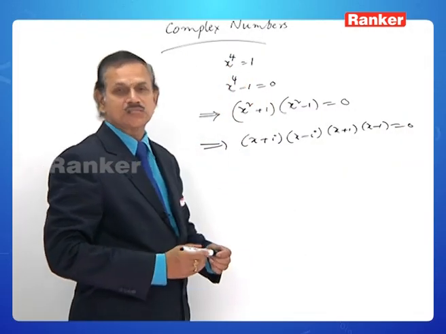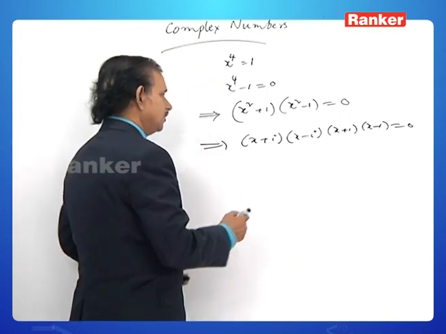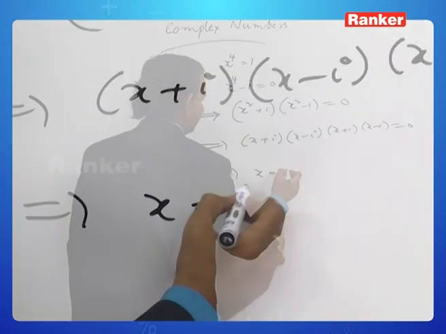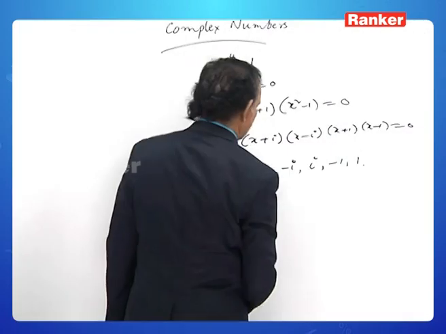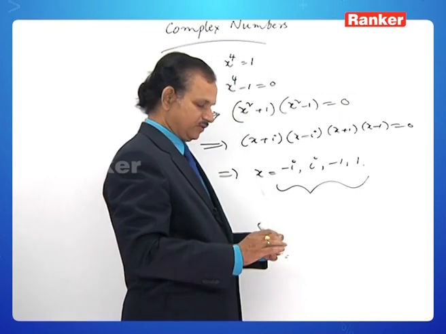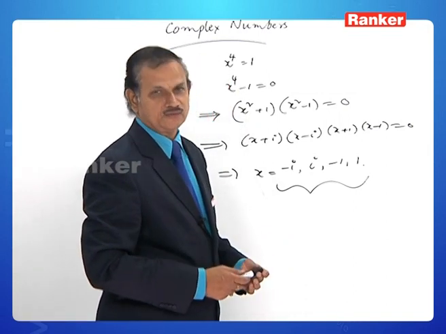It could be split into 4 linear factors, which give us the roots x is equal to minus i, i, minus 1, 1. These are called the fourth roots of unity.